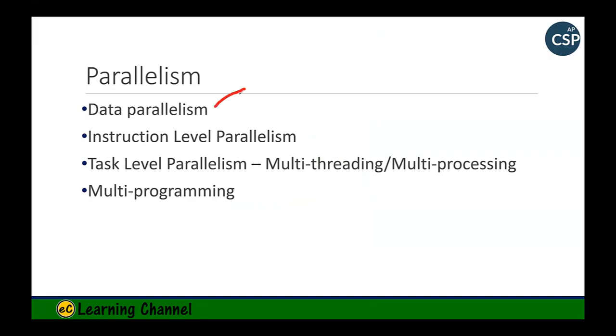So for example, data parallelism compared with instruction level parallelism.